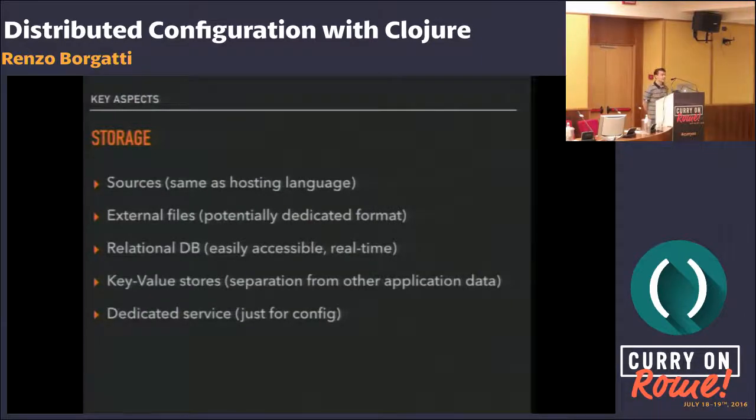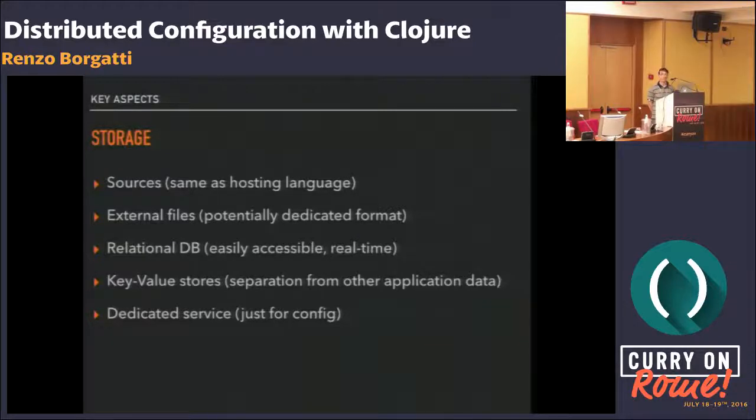Storage backends: it can be inside the source itself, usually, maybe in Java. Although this is not suggested and is not very common, you can have a class that is dedicated to constants, but as I said, it's not very used. External files are much more common, so you have some file that you're reading.